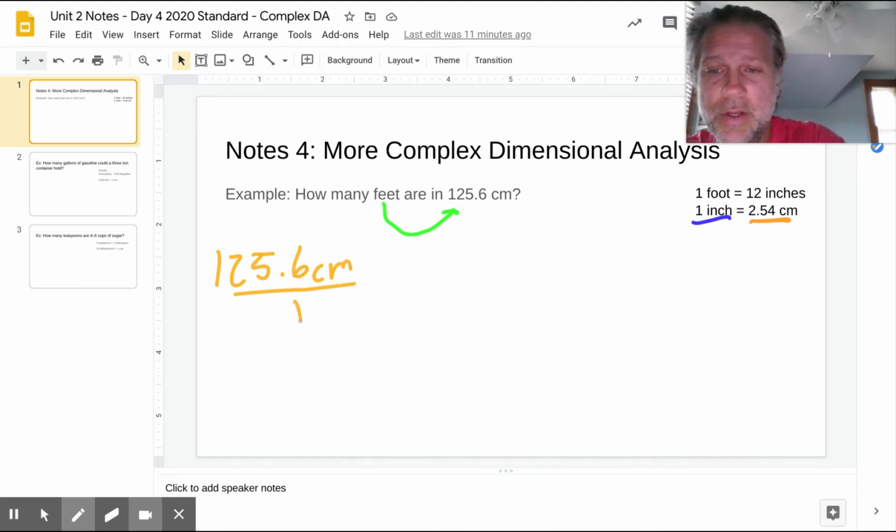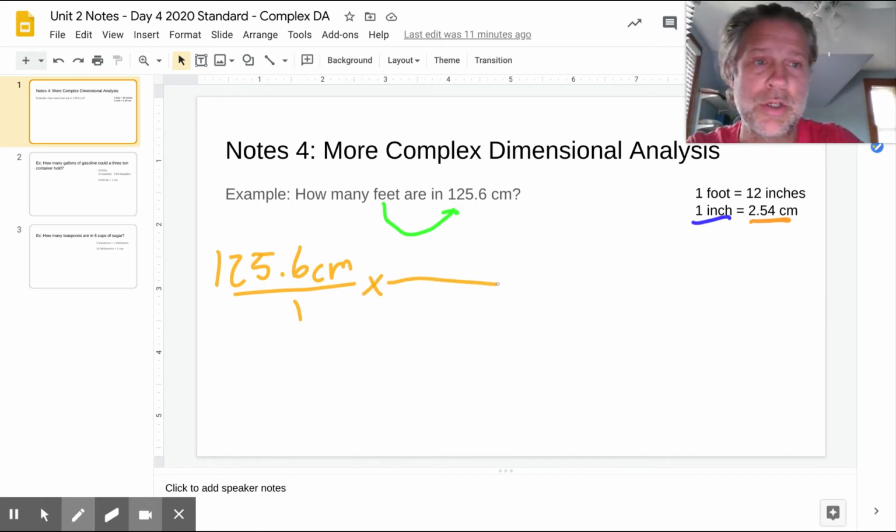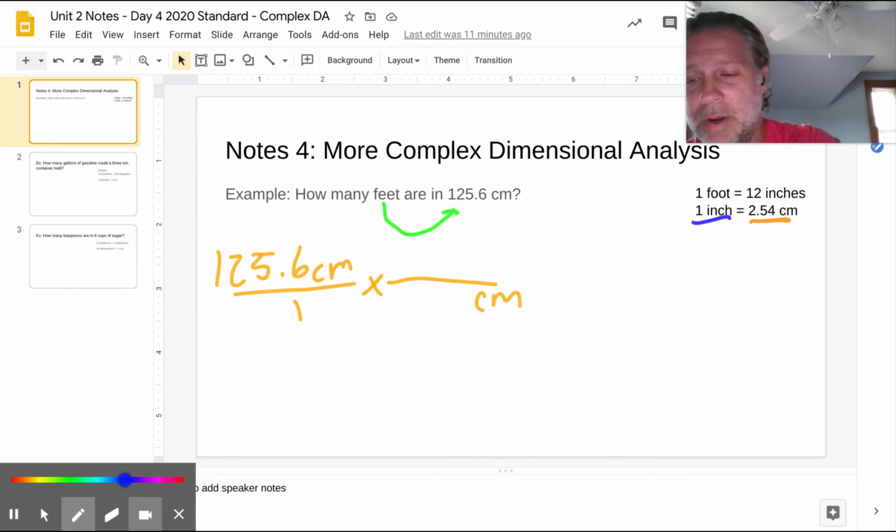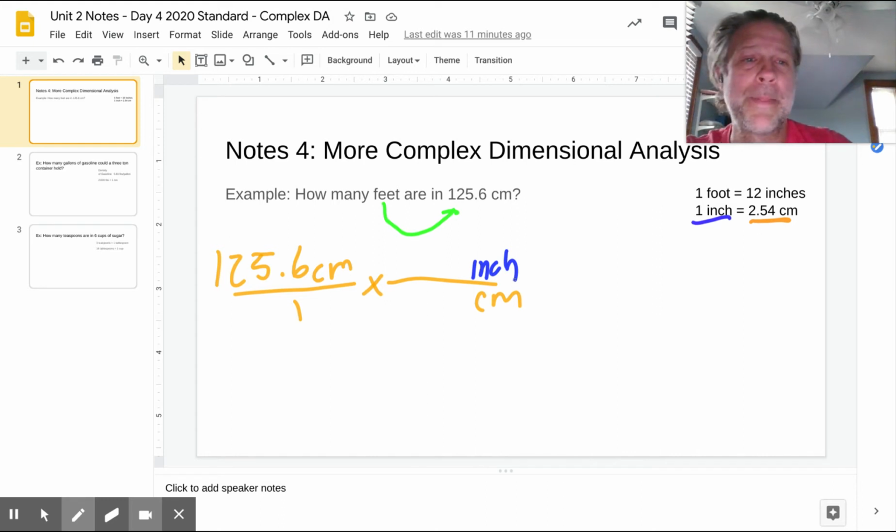Make sure we put our units in there over 1. And now I'm going to multiply by another fraction using this conversion factor. I want to set my conversion factor up so that my units of centimeters will cancel out. So I'm going to put centimeters on the bottom, and because I'm comparing centimeters to inches, I'm going to put inches on the top.